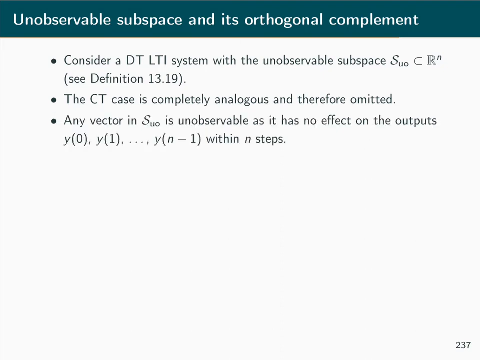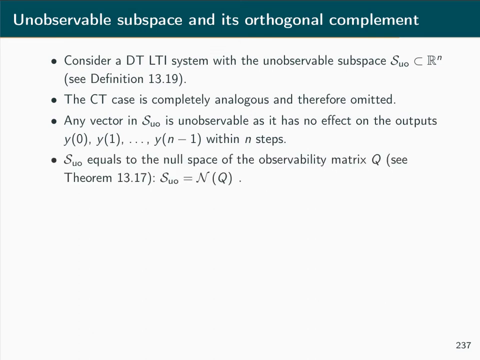By definition, any vector in S_UO is unobservable as it has no effect on the outputs y(0), y(1) up to y(n-1), and in fact also not on the subsequent outputs.